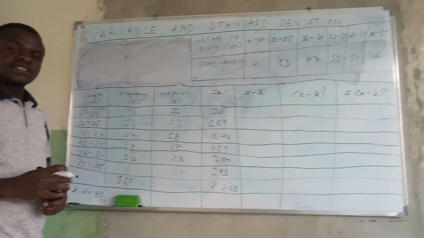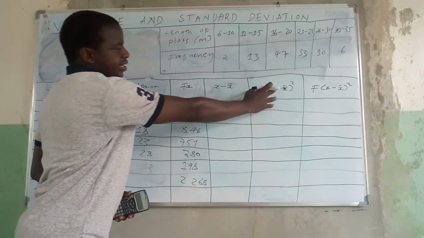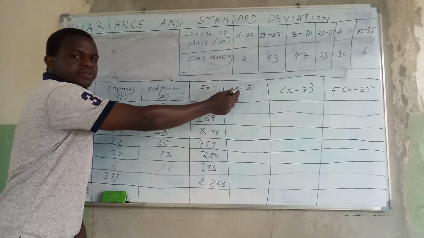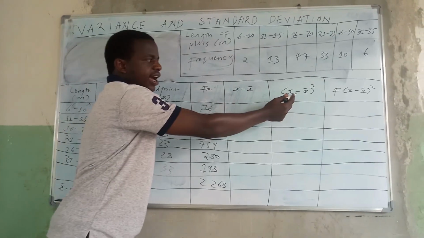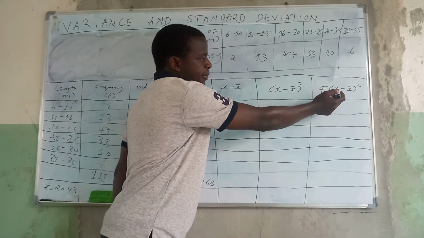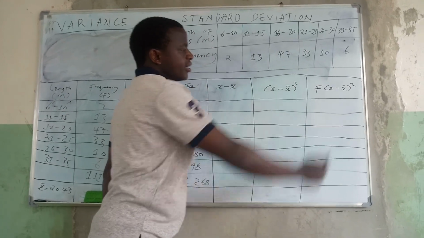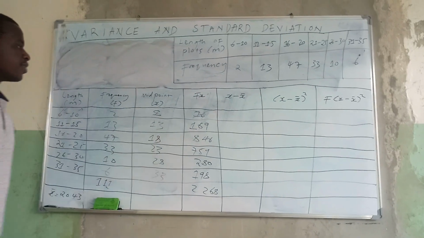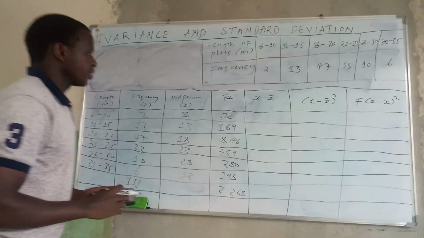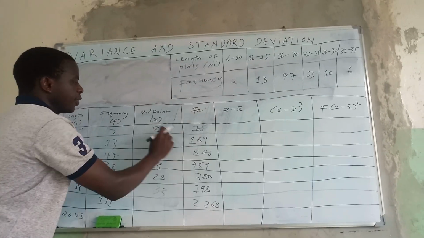To calculate the variance, I'm going to add the next 3 columns. For this column, I have the midpoint minus the mean. Then here I have the midpoint minus the mean, squared. Then here I have the midpoint minus the mean, squared, multiplied by the frequency of the class interval. To start, my midpoint x is 8.